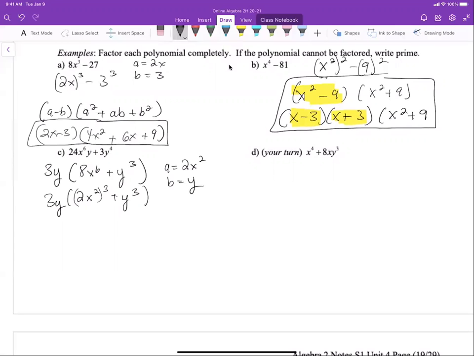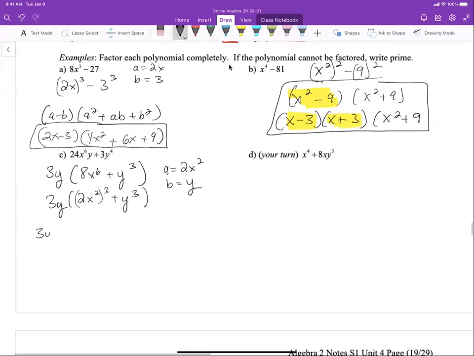Now I have to do my pattern. So I still have my 3y. Now I have a, which is 2x squared, plus b, which is y. And then I have a squared, which will be 4x to the fourth. Switch the signs, and I will get 2x squared y when I multiply a times b. And then I have plus b squared, which is y squared.